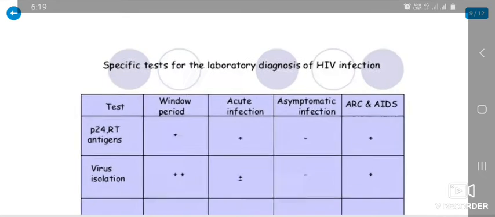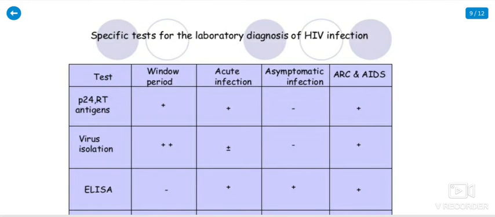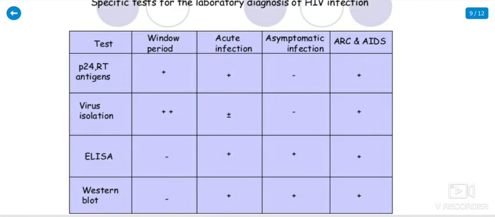At the same time, the specific tests for laboratory diagnosis of HIV infection. The test may be the P24 antigen test. The test will be positive in the window period, acute infection, and also the symptomatic stage. Some asymptomatic infections test negative.